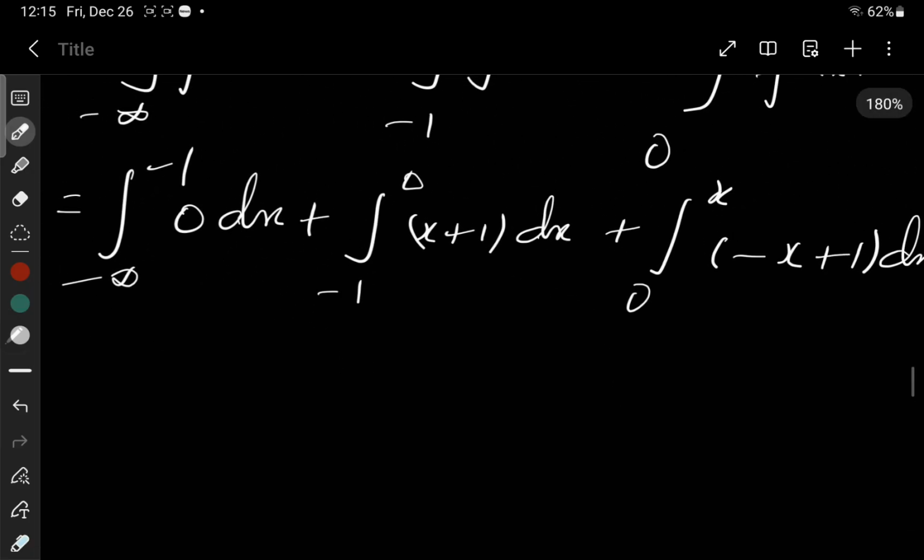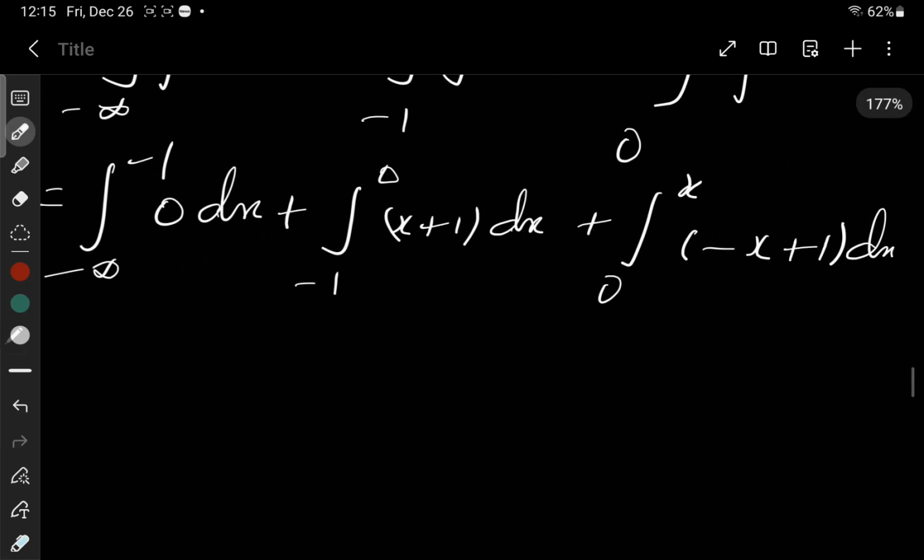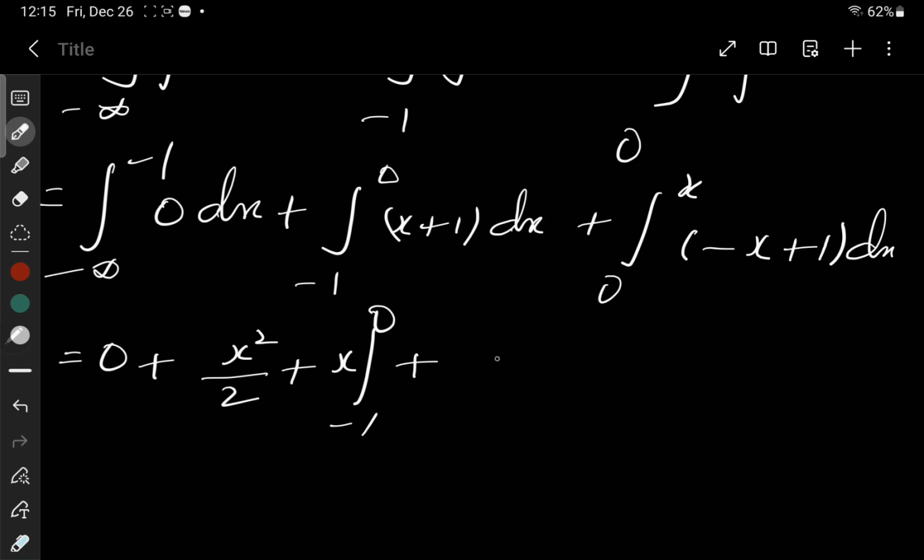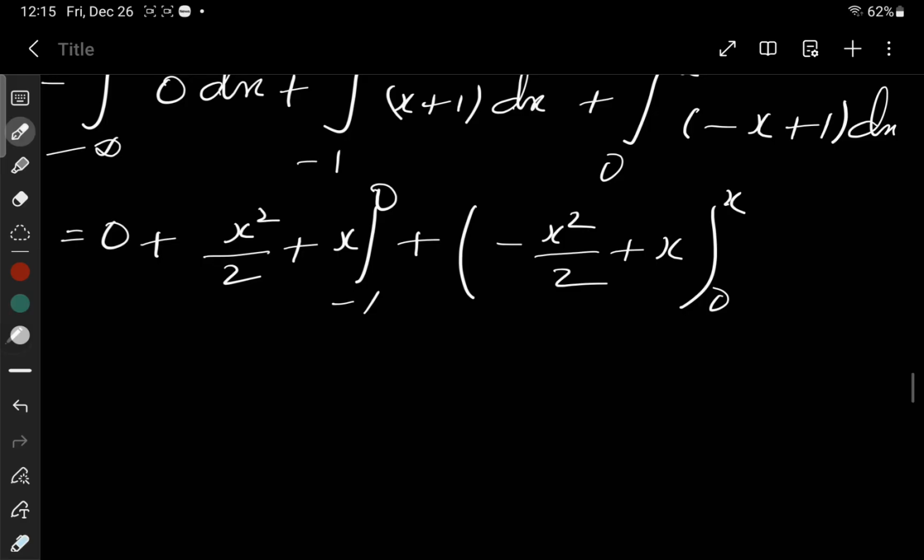So here this is 0, plus x square by 2 plus x, from minus 1 to 0, plus minus x square by 2 plus x, from 0 to x. So apply the upper limit, you will get 0 in both cases, but apply the lower limit, you will get minus 1 square by 2 plus minus 1.